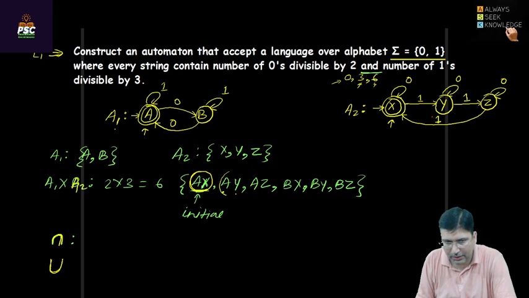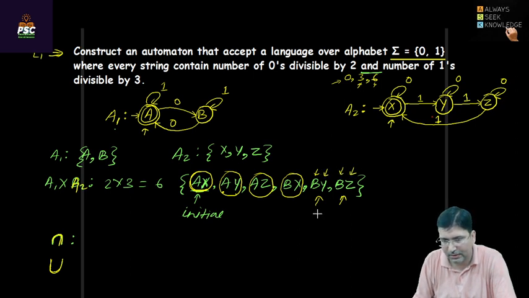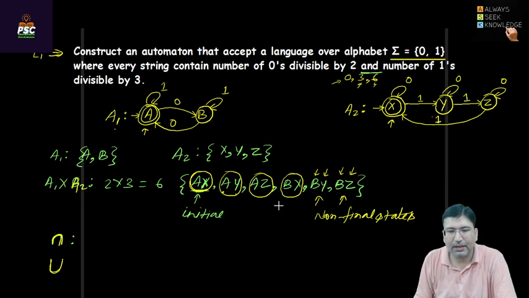But in union operation, this state will become final as well, AZ will become final. Okay. Wherever X comes, BX will also become final. The remaining will be non-final, because in those combinations B is non-final, Y is non-final, Z is non-final. So these are non-final states. Okay. These four will become the final states in case of union operation.